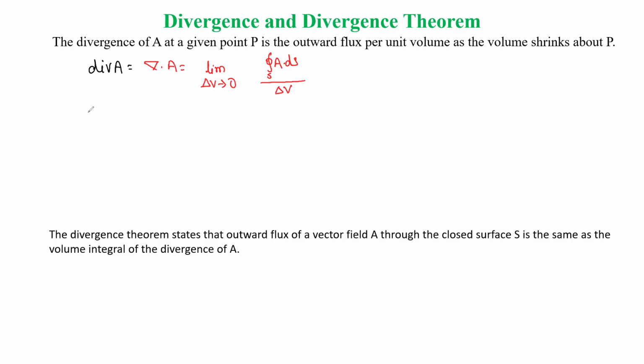Now in three different coordinates, we have to see the expression of the divergence. First we'll discuss the Cartesian coordinates. What are the variables or parameters we are going to consider in the Cartesian coordinates?